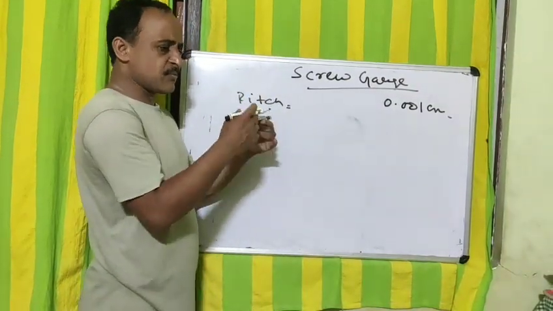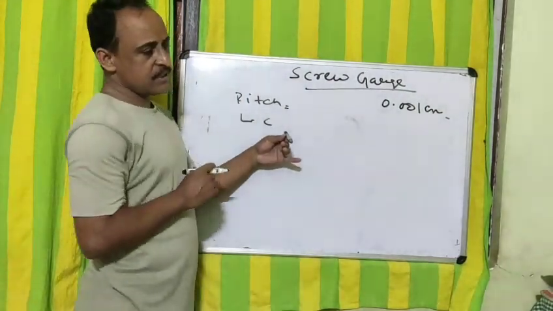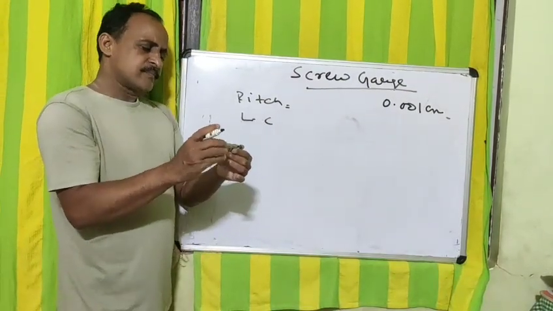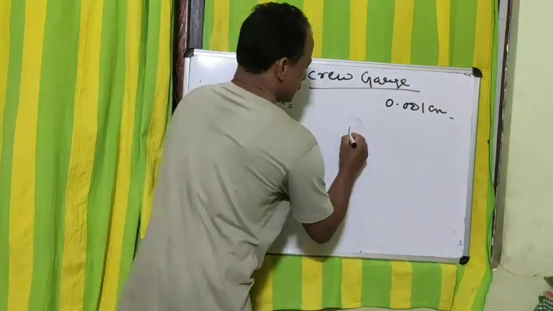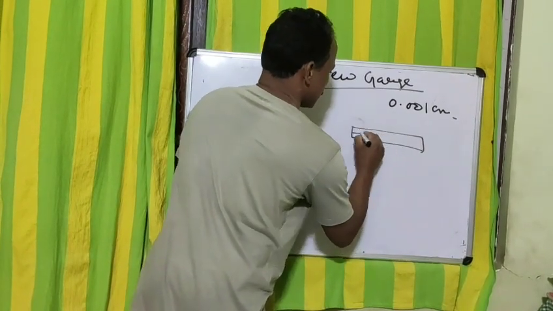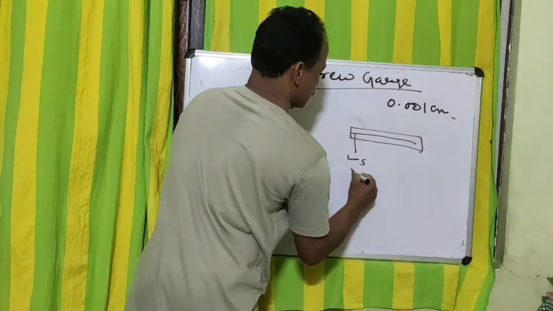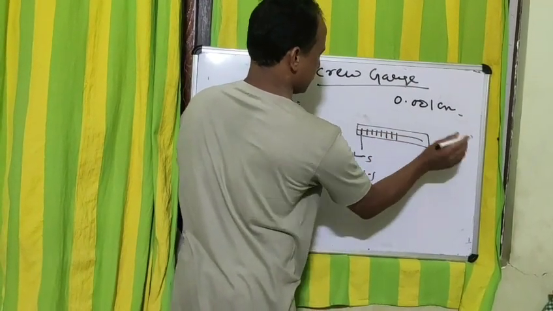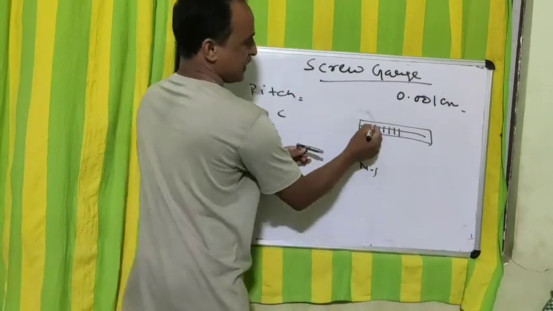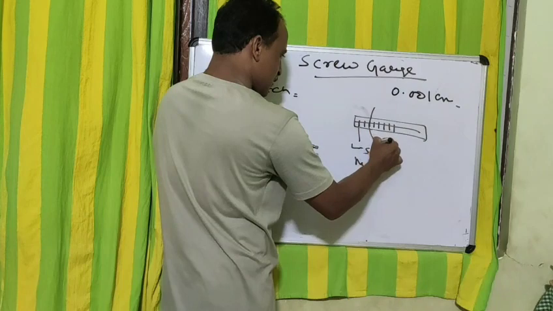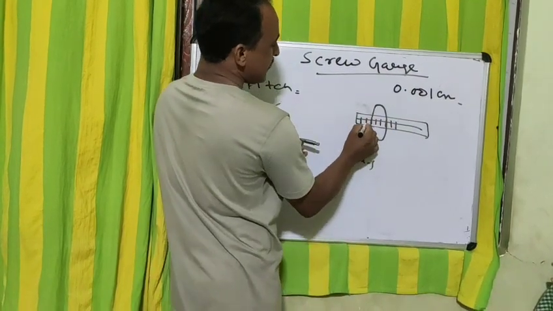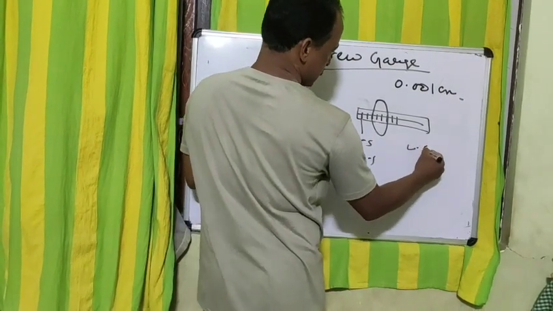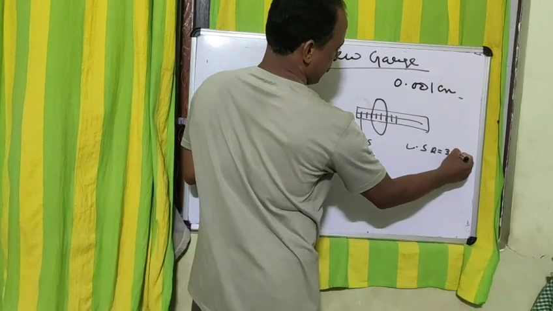Here the linear scale, also called the main scale, is calculated in mm. The circular scale here reads 3 mm, so the linear scale reading is 3 mm.